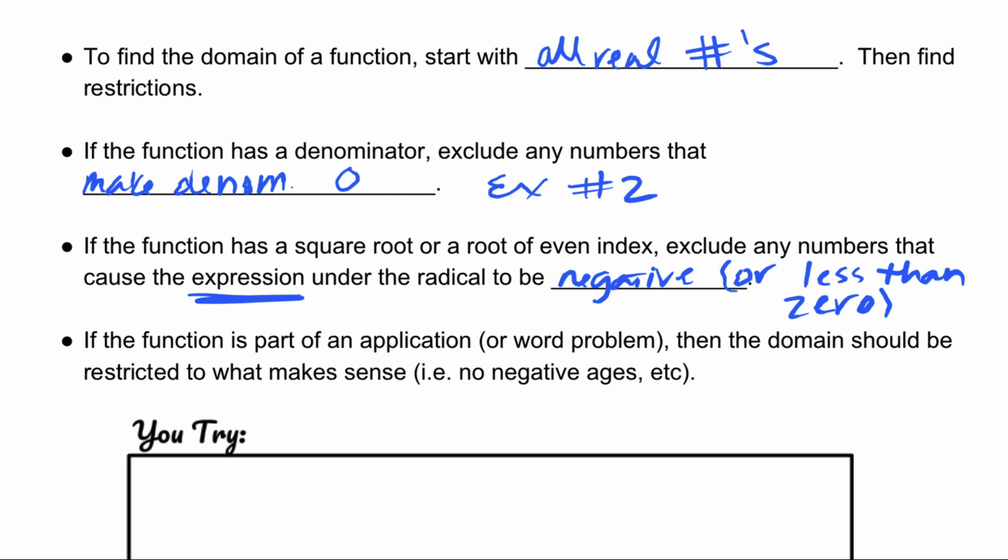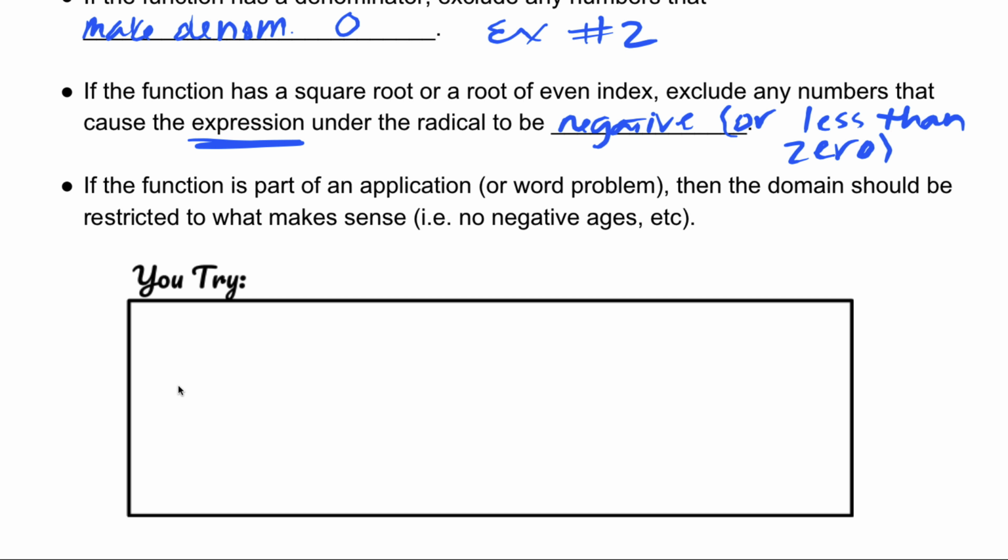And the last thing that you want to consider when you're making a restriction is if it's a word problem, then we might need to restrict the domain to what makes sense. For example, when we were looking at the distance function at the beginning of this video, we wouldn't want to talk about negative hours of traveling, or for our burrito example, the average cost of the burrito, we wouldn't think about making negative burritos. So that might restrict parts of your domain.